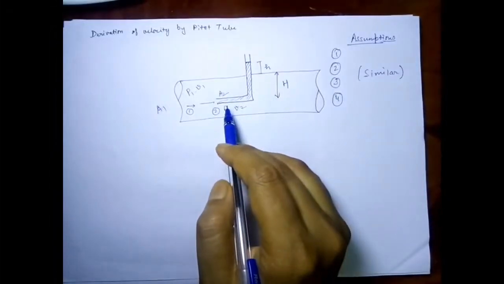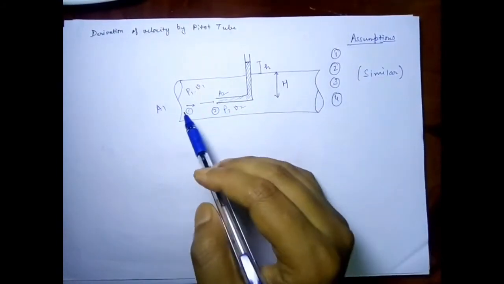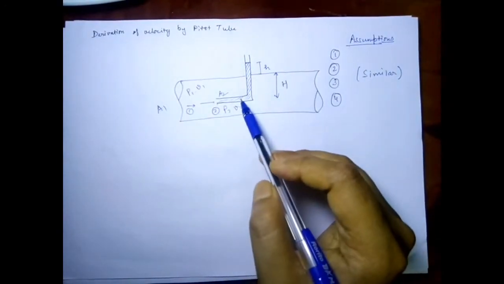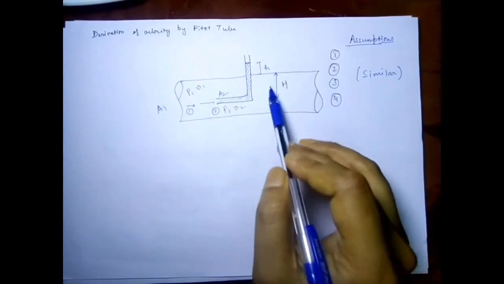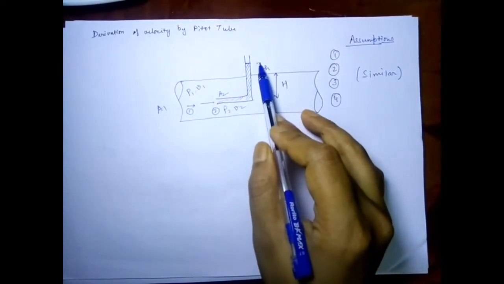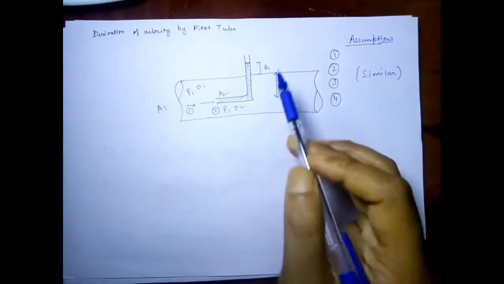So here is a diagram of the pitot tube, and here the areas are given as A1, A2, and the pitot tube is placed in a pipe at a depth of H, and another rise of small h is seen above the pipe level.